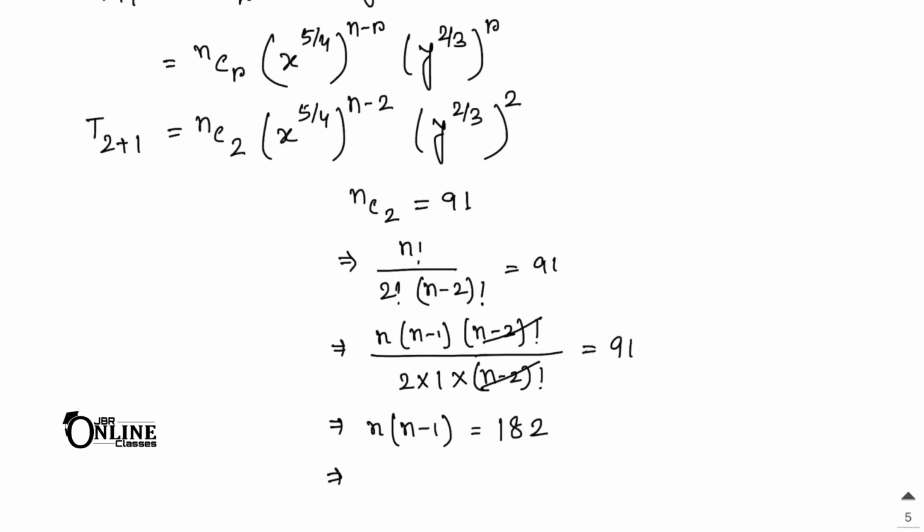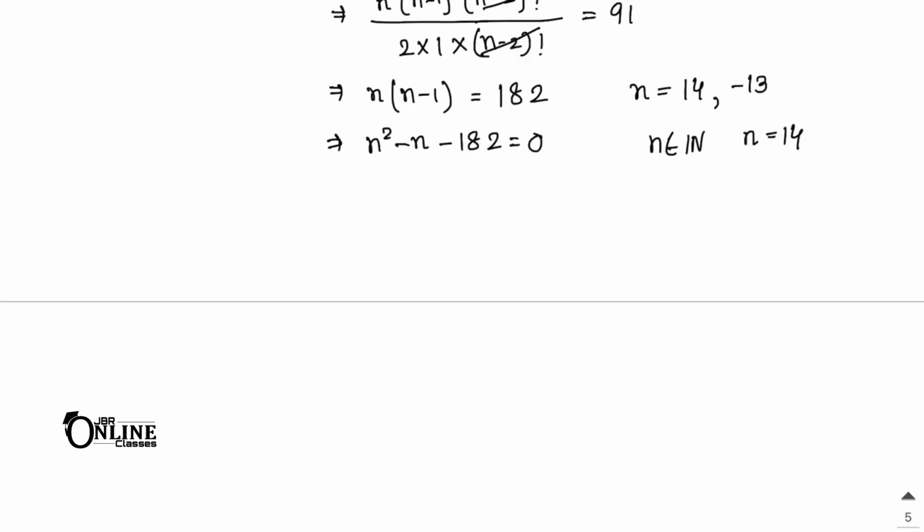So n squared minus n minus 182 equals 0. Now by middle term factor, you will find n equal to 14 and n equal to minus 13. But as n belongs to natural numbers, that means n equals 14.